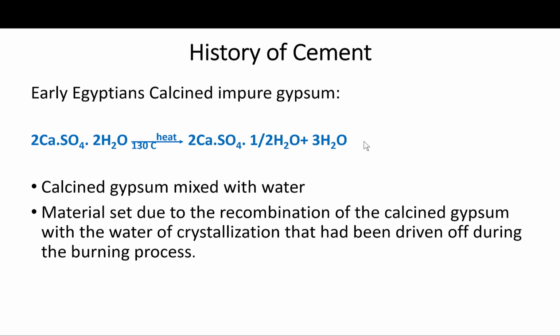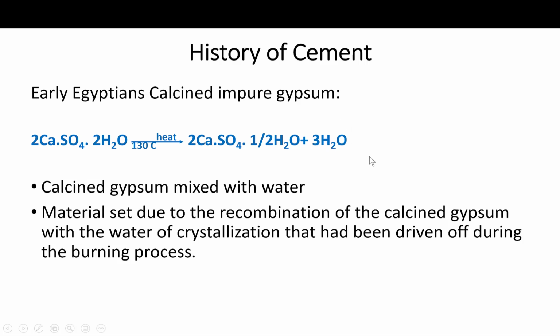Then the calcined gypsum, which is the resultant product right here, when mixed with small quantities of water, sets due to the recombination of the calcined gypsum with the water of crystallization that had been driven off during the burning process, as you can see here.